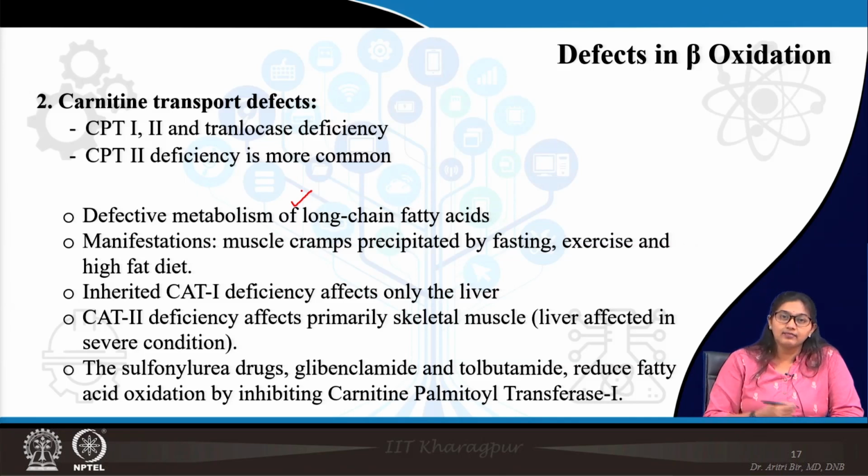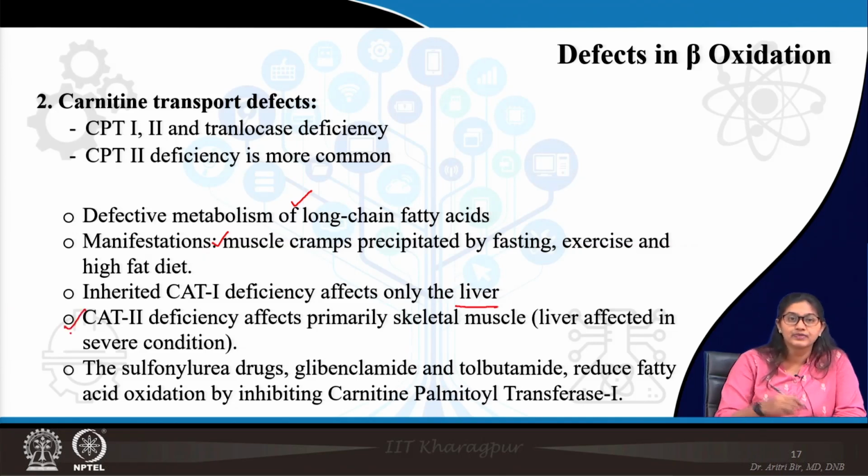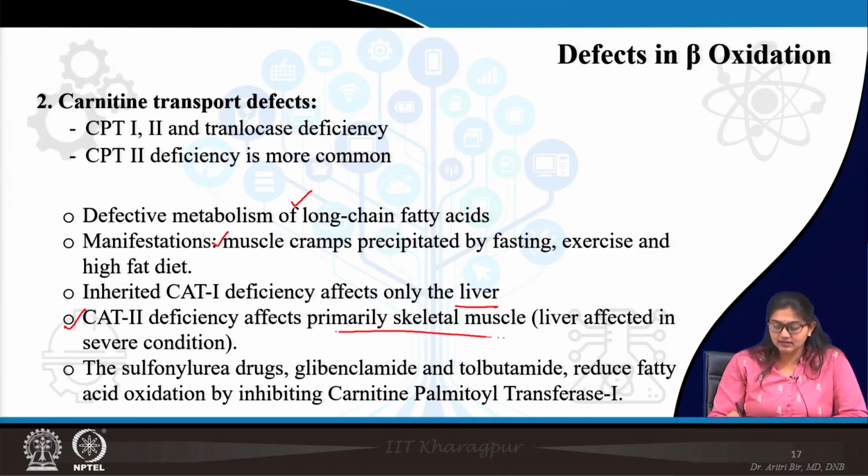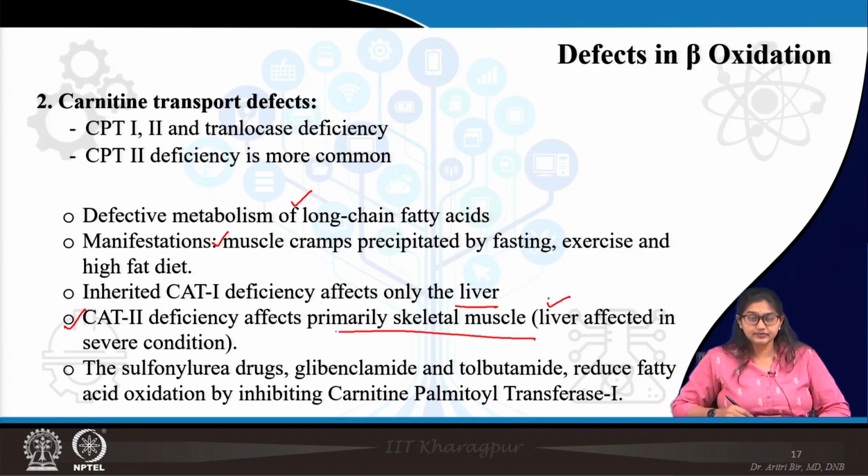What happens? Once again, muscle weakness, manifested as muscle cramps during fasting, exercise or a high fat diet. Inherited carnitine acetyltransferase 1 deficiency mostly affects the liver, whereas CAT2 initially affects the skeletal muscle. In severe conditions, it affects the liver.